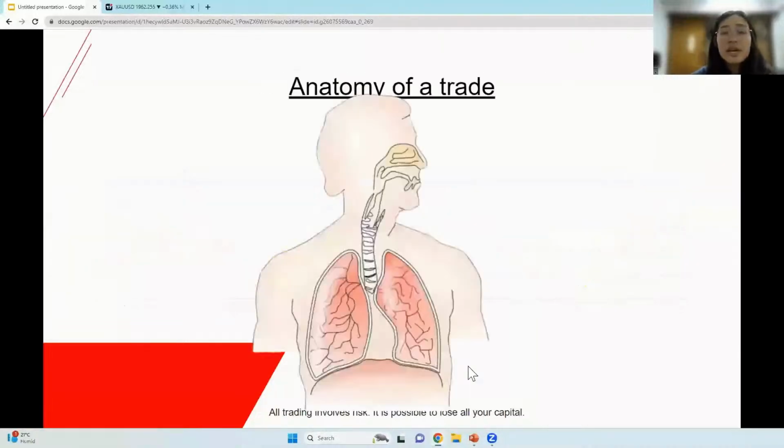Okay, now that we have gone through the fundamentals of gold and the science behind gold, let's take a look at some technical analysis tools that you can use when you are trading gold. Trading gold is pretty similar to trading any other currency.